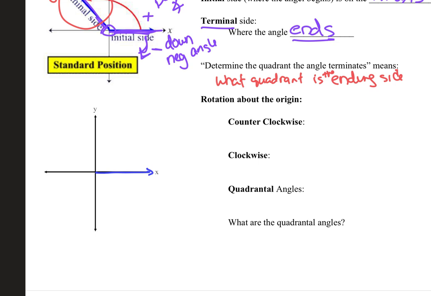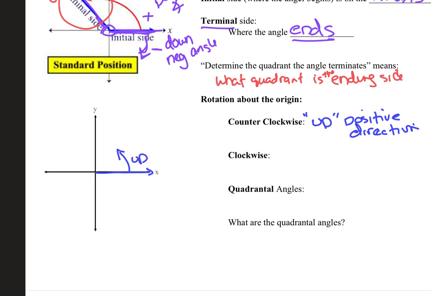So counterclockwise: if you start at the x-axis and you go up, that's counterclockwise. I like to say that's up from the x-axis. And this would be a positive direction, so this would be a positive angle.